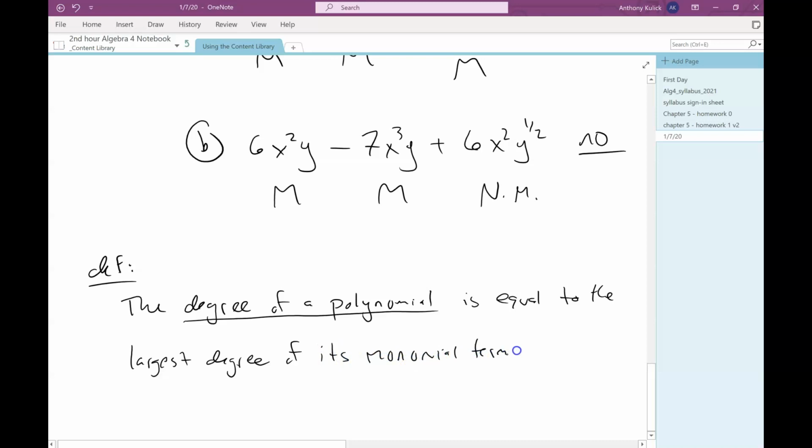That's great, but how do I find the degree of a monomial then? Well, let's define how to do that, since the polynomial just comes down to the monomial part.